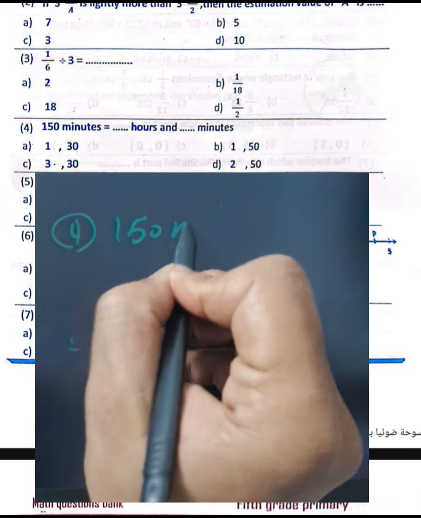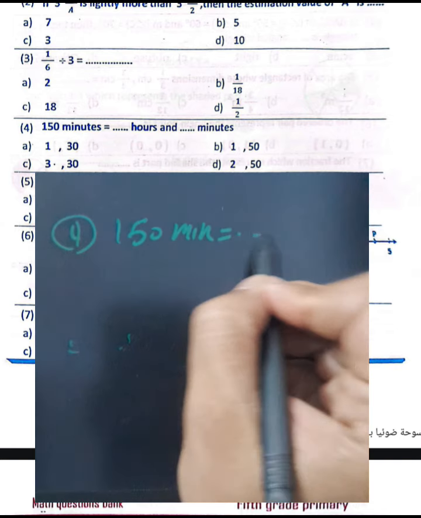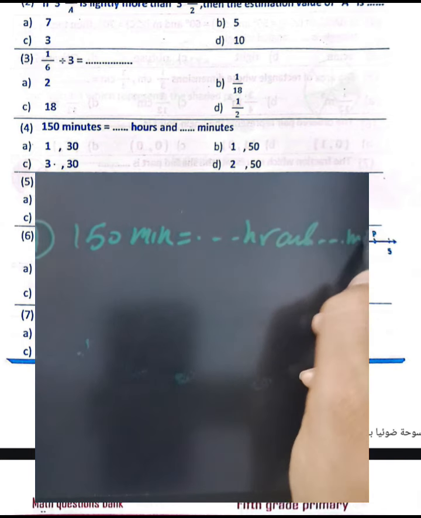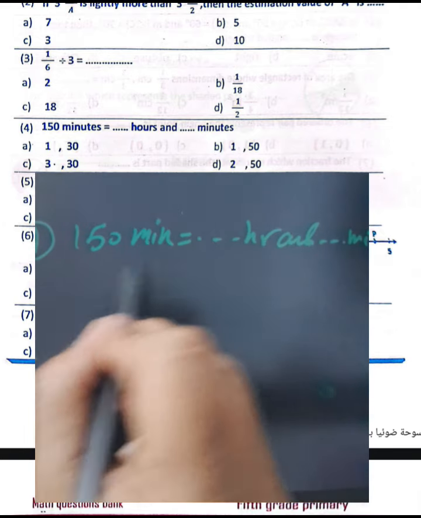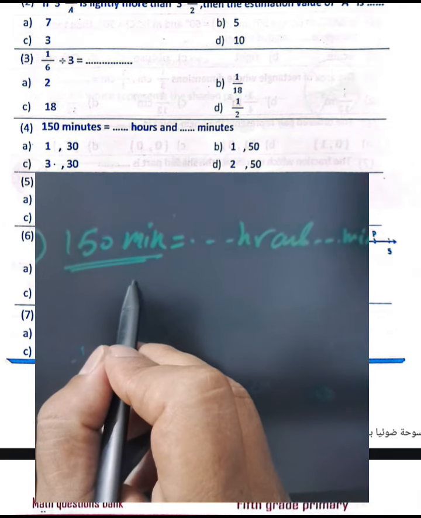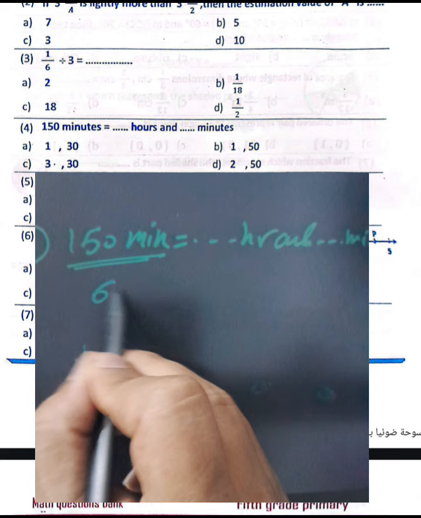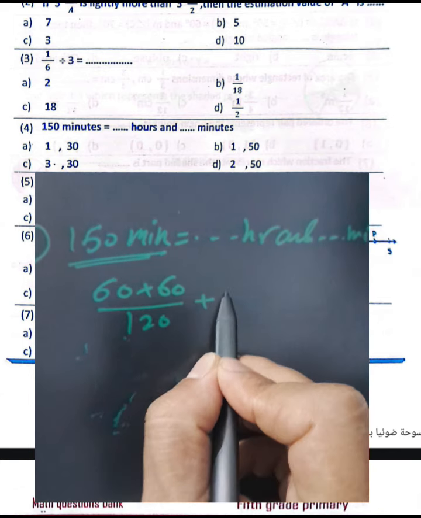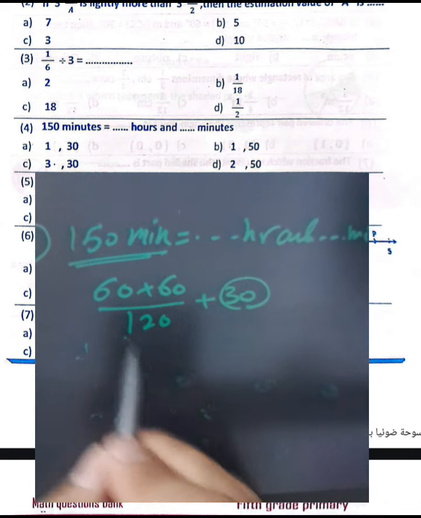Question number 4. 150 minutes equals how many hours and minutes? We know 60 plus 60 equals 120. 120 plus 30 equals 150.